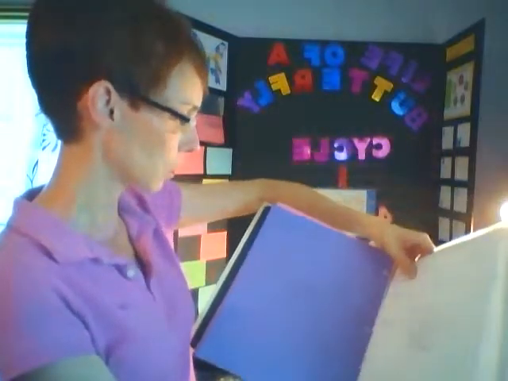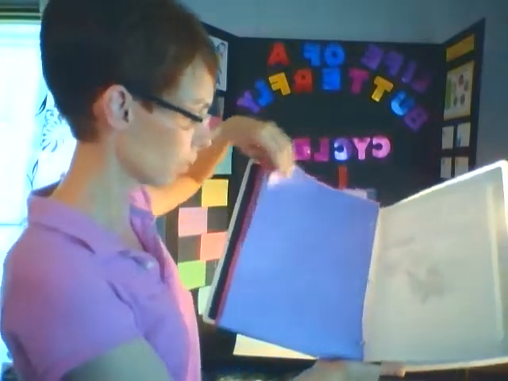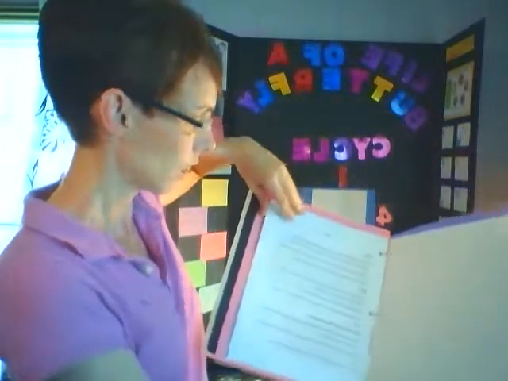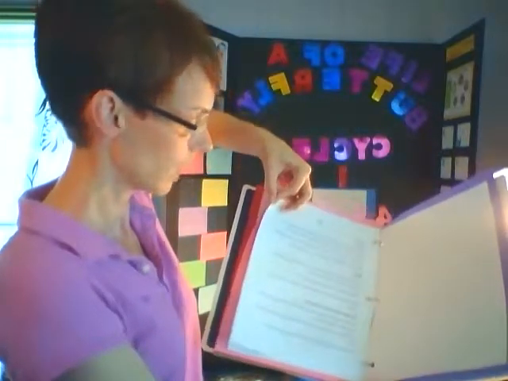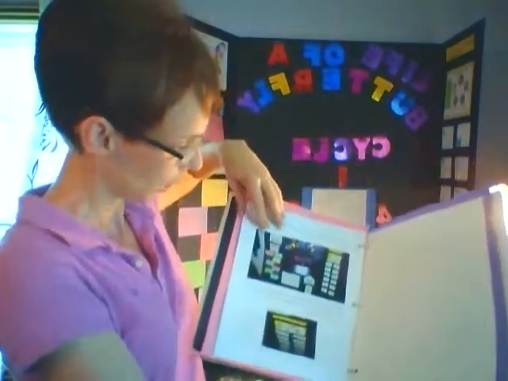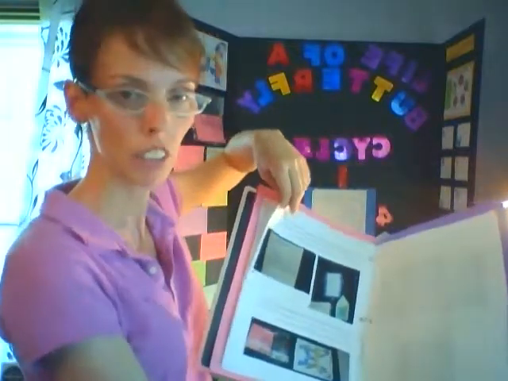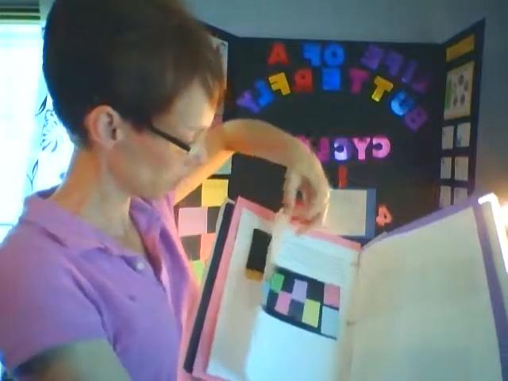So the first one would be the interactive board, Life of a Butterfly, and this has all the texts that are involved in it: science, math, language arts, and reading. And it tells you each step that you go through for each activity, and it provides pictures to show you.